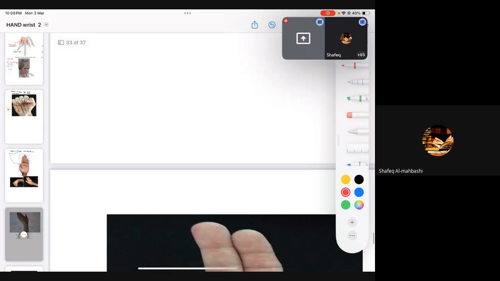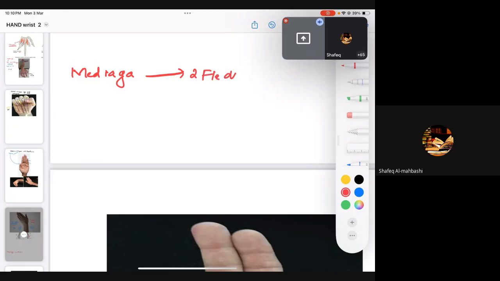Let me just write it down here. Just give me a second. Okay, when the median nerve is gone, which muscle function is compromised? There will be the flexor digitorum profundus, the lateral two.